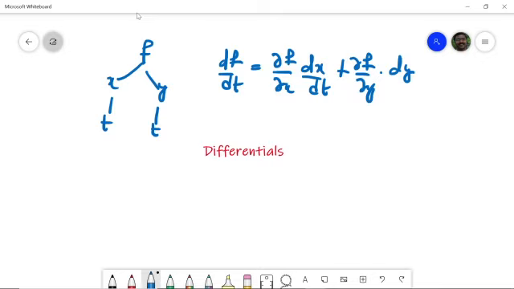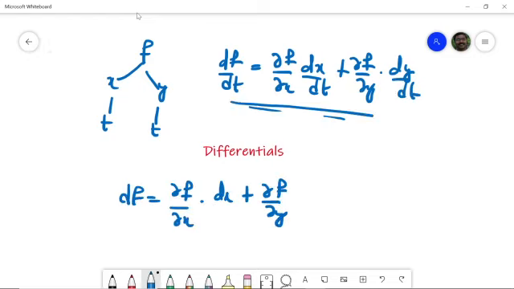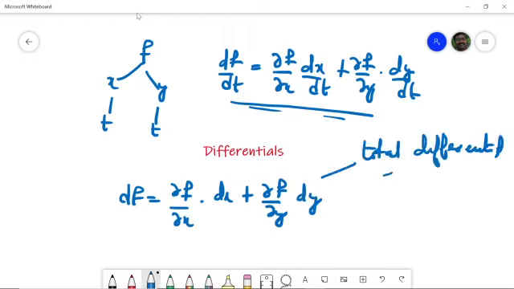If you avoid this t, the term would qualify for a notation like this: df is equal to, if I am avoiding this t, dou f by dou x into dx plus dou f by dou y into dy, is called the total differential coefficient of f, or in other words the differential of f.